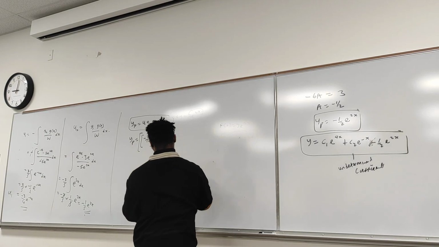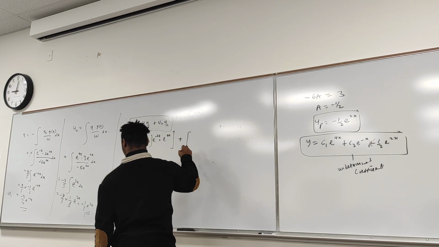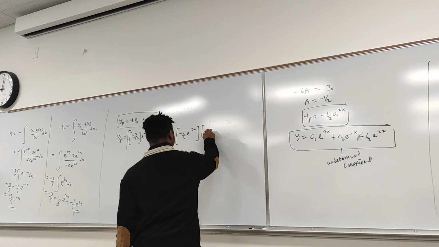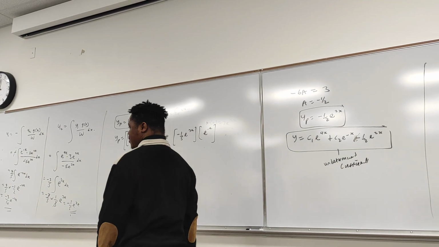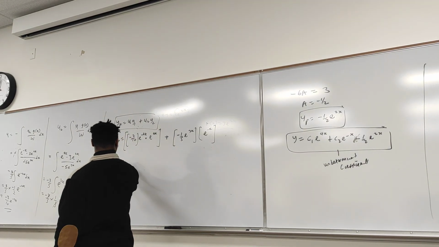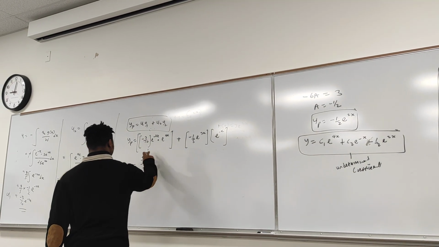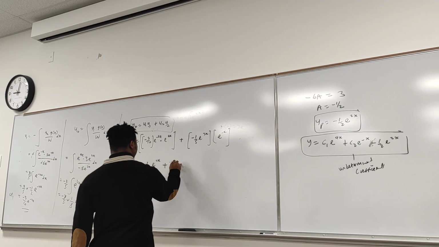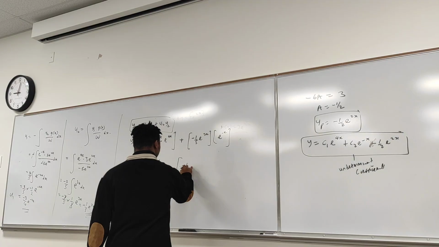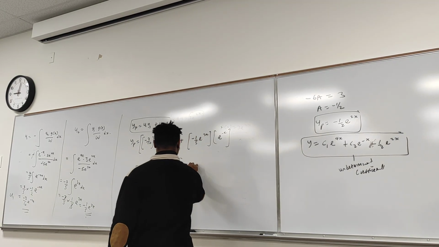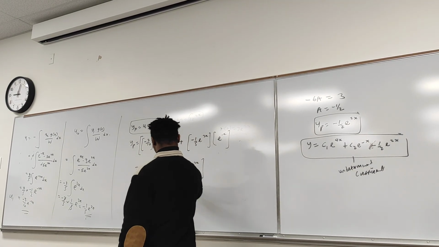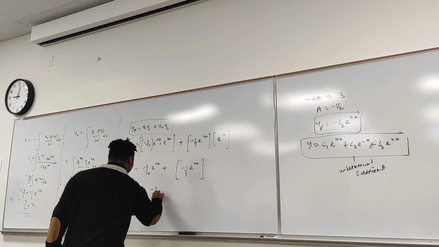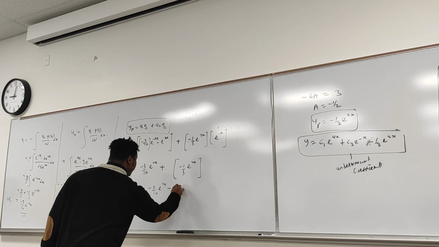Then plus our u2 is negative 1 over 5 exponential 3x times our y2 is exponential negative x. Okay. So this gives us negative 3 over 10. 4 minus 2 is 2. So that's exponential 2x here. Plus this is negative 1 over 5. This is 3 minus 1 is 2. Exponential 2x. So we have minus 3 over 10 e2x minus 1 over 5 e2x.